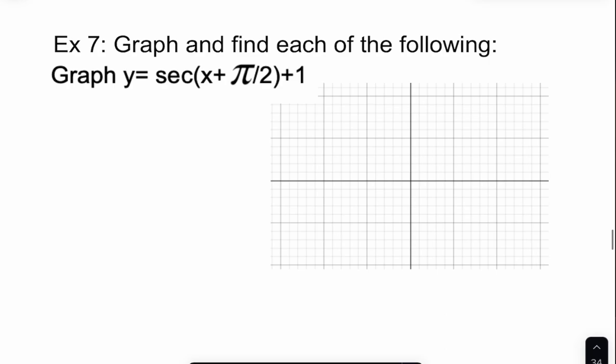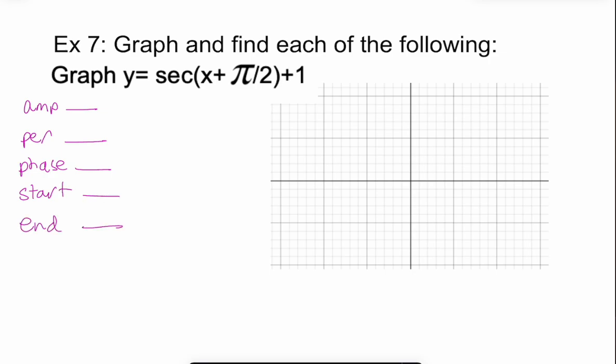So let's actually go ahead and graph and find each of the following. We're going to find the amplitude, the period, the phase shift. We're going to find the start. We're going to find the end. We're going to find the vertical shift and the midline.